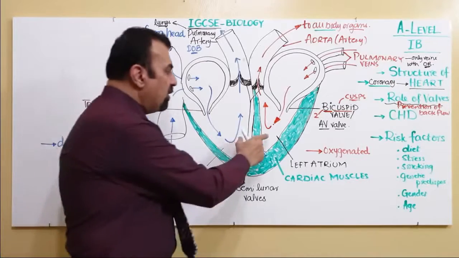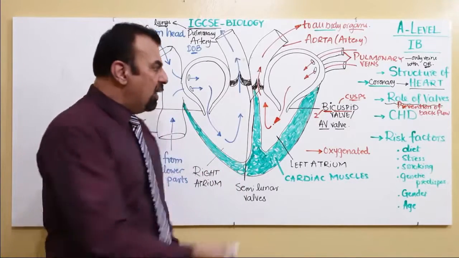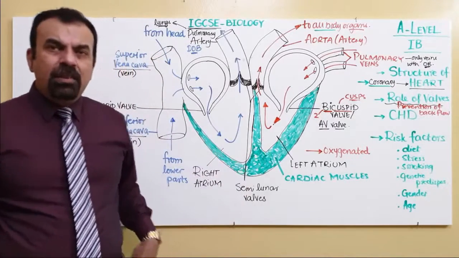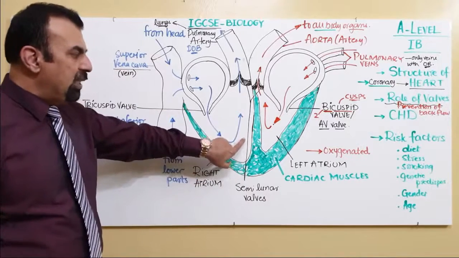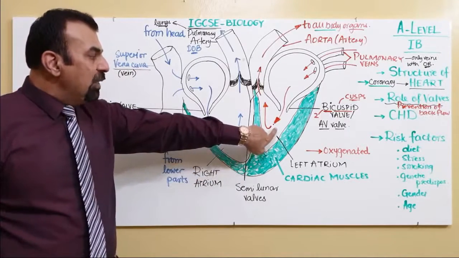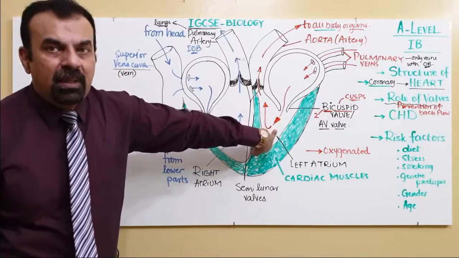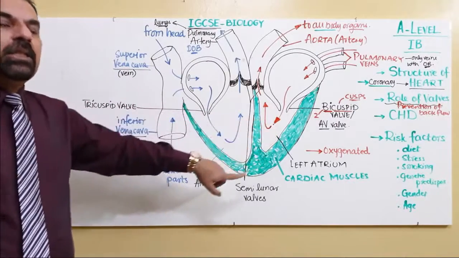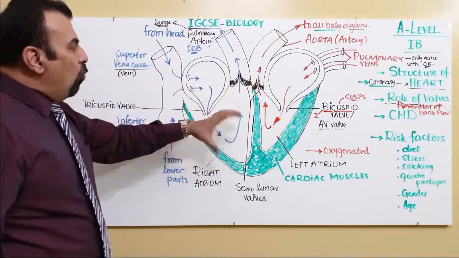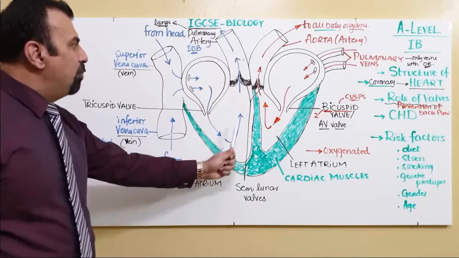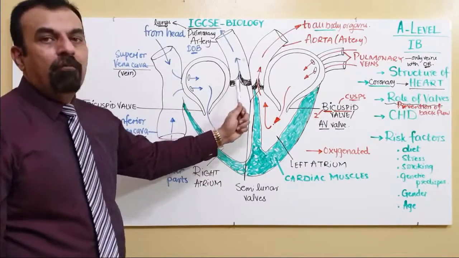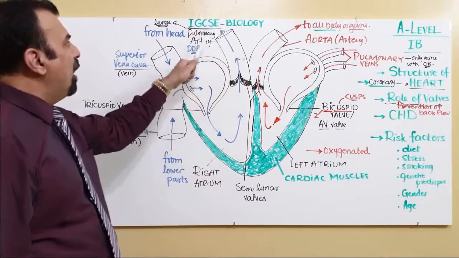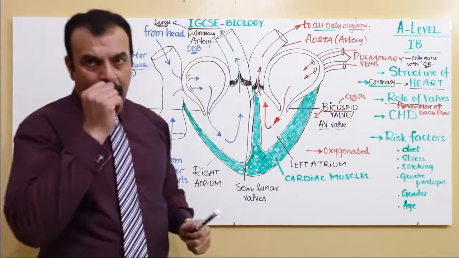Both of the ventricles contract also simultaneously. But this one is pumping deoxygenated blood, and this one is pumping oxygenated blood. Yes, you knew that. Now, once this chamber contracts, the blood is passing through the semilunar valve and then entering into the pulmonary artery and taken to the lungs.